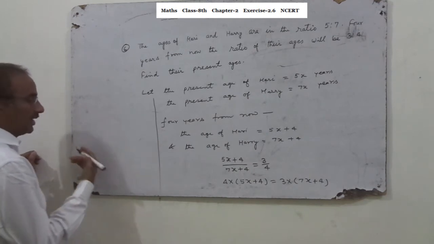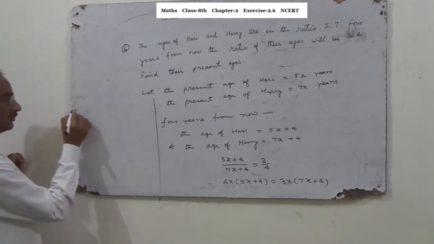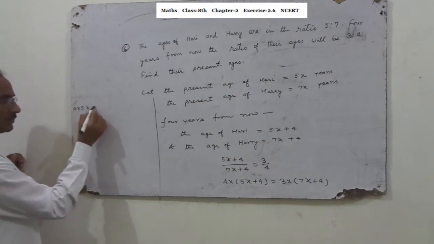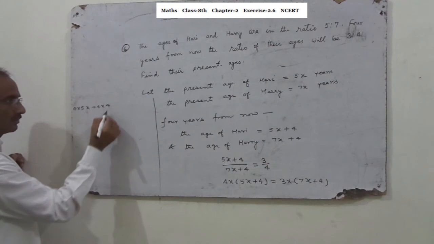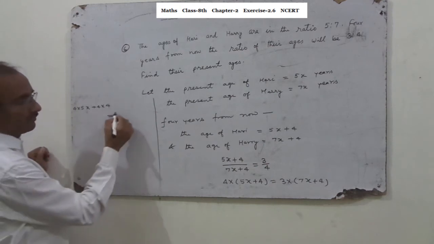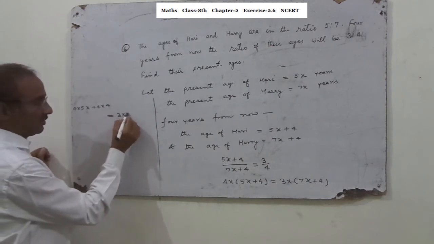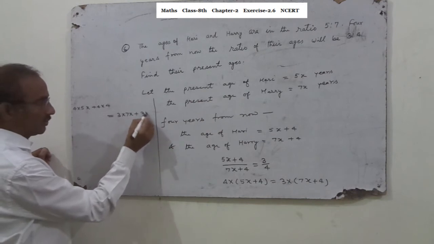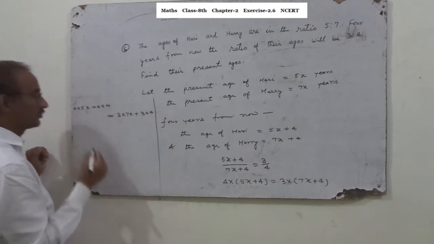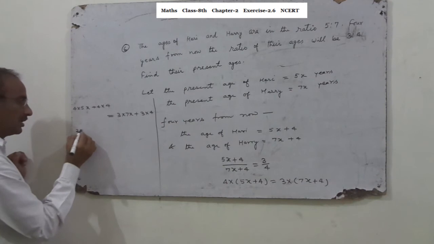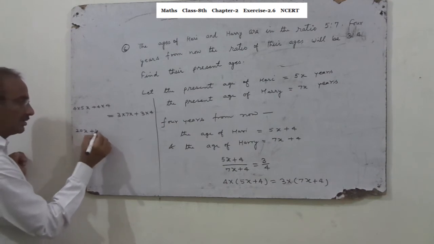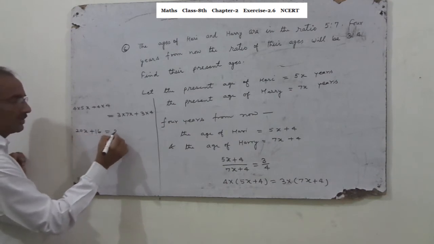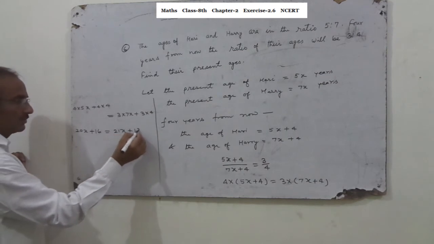On solving these brackets, we get 4 into 5x plus 4 into 4 equal 3 into 7x plus 3 into 4. It becomes 20x plus 16 equal 21x plus 12.